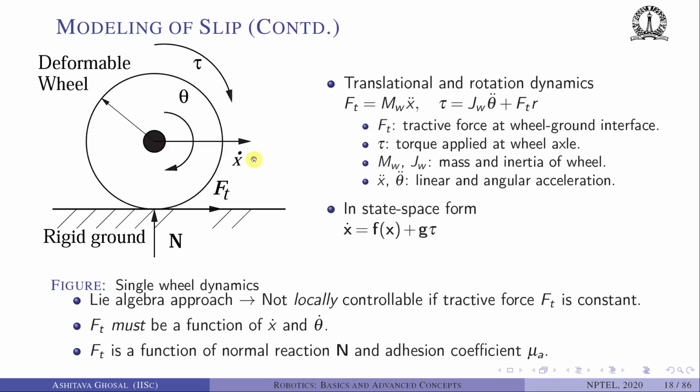So let's look at the translational and rotational dynamics of a single wheel, which is a deformable wheel, so that there is some traction. So there is a tractive force F of t which is applied. Think of a wheel like this. If there is no tractive force, it cannot move forward.